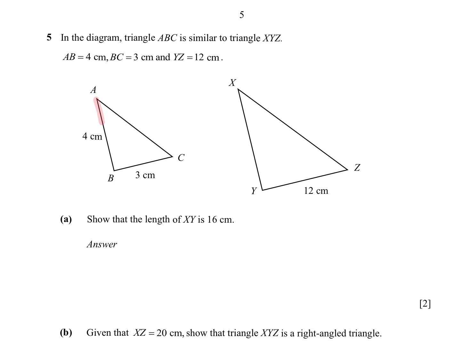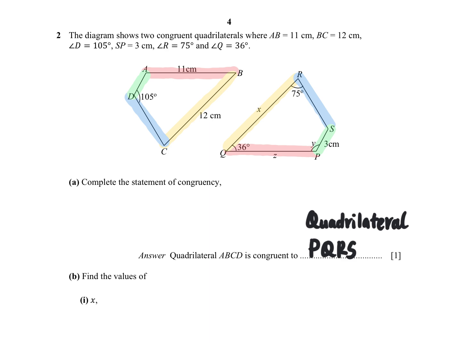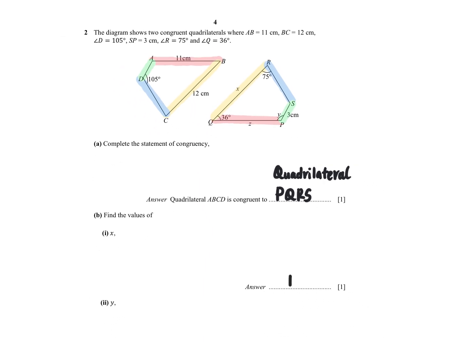Okay, next one. I want to find the value of X. So straight away, you look at the yellow side. You know the answer already is 12. Okay? And then if you want to find Y, it seems to be the angle between the green and the red side. This one. Okay, so you want to find the angle, you need a bit more info first.